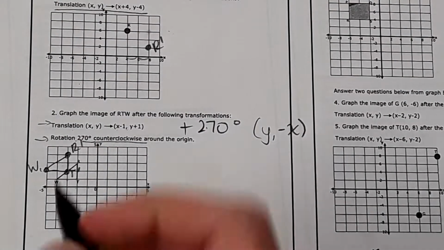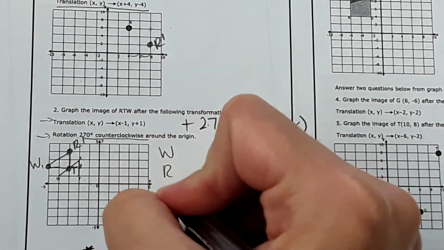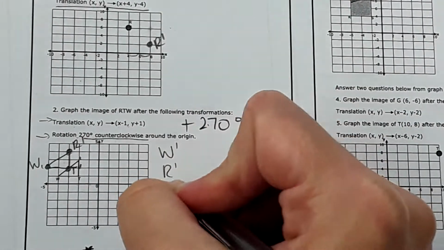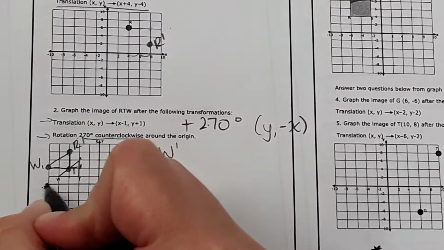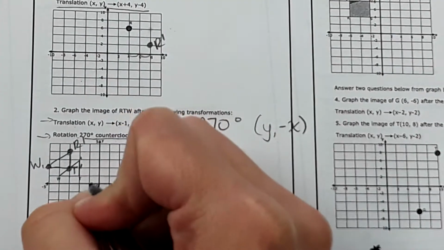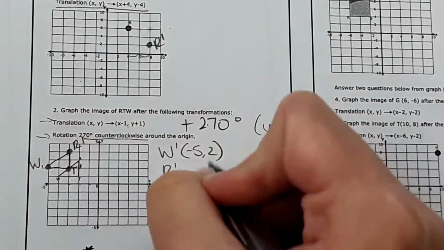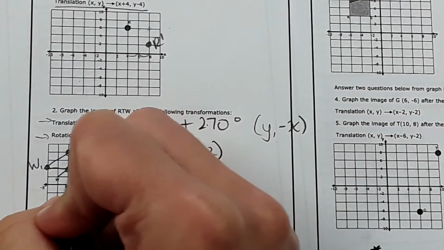And then as far as the points go, we have to pull the points off the graph for W, R, and T. So the points that we graphed are W at (-5, 2), R at (-3, 4), and T prime at (-3, 2).